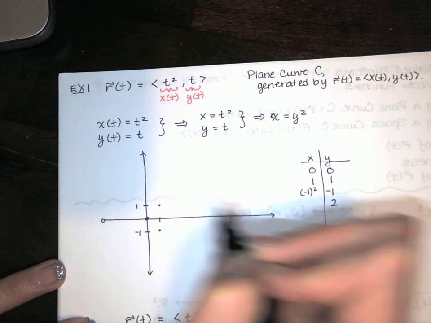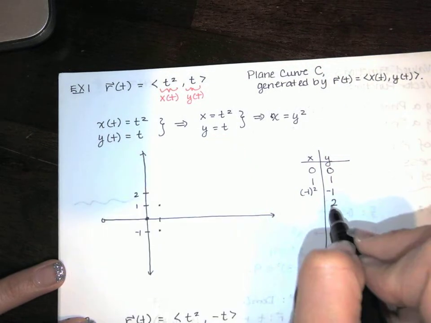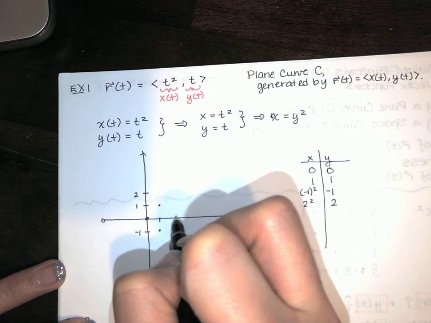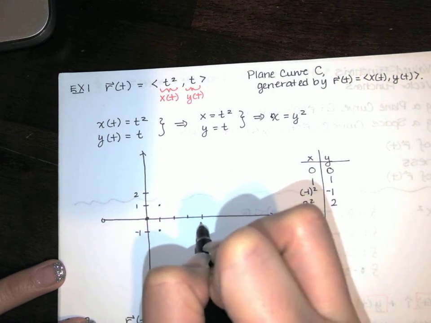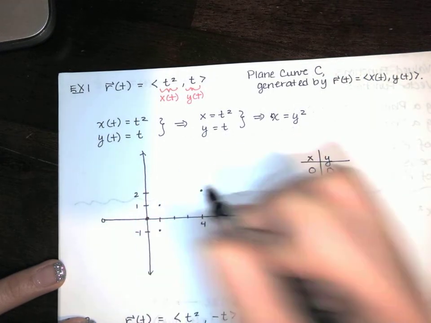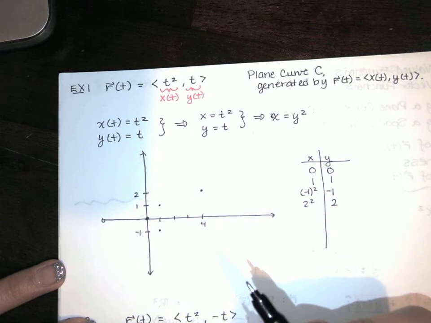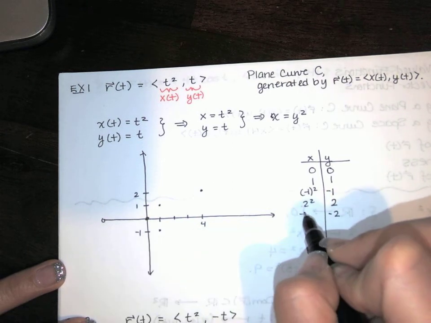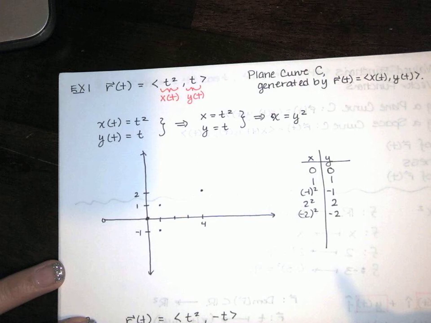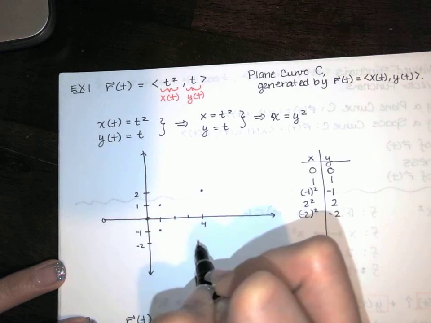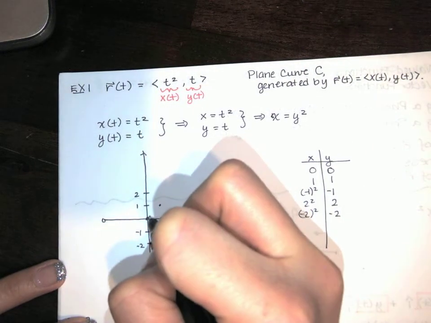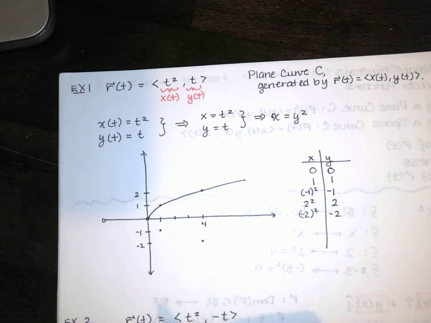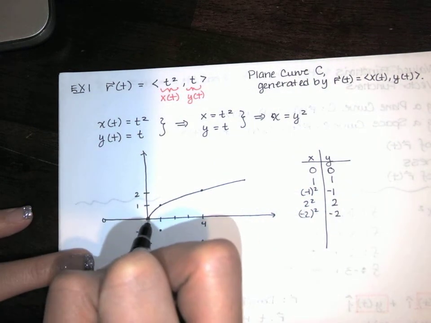When y equals 2, x equals 2 squared, which is 4. So I'm plotting the point 4, 2. And when y equals negative 2, x equals negative 2 squared. Negative 2 times negative 2 is positive 4 as well. And so we get this. So this is the curve. Now I'm not going to draw arrows on it because the arrows mean something in this class.